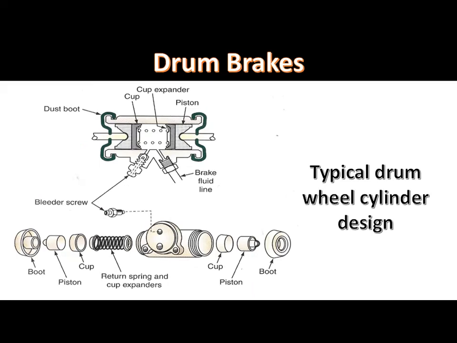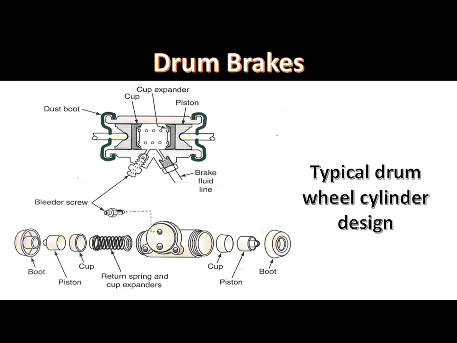A spring is positioned between the piston cups. A rubber dust boot is mounted on each end of the wheel cylinder. The push rods are located between the pistons and the brake shoes. The push rods fit snugly in the dust boot openings. The dust boots keep contaminants out of the wheel cylinder.